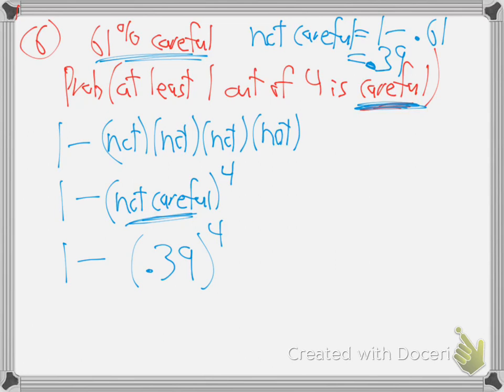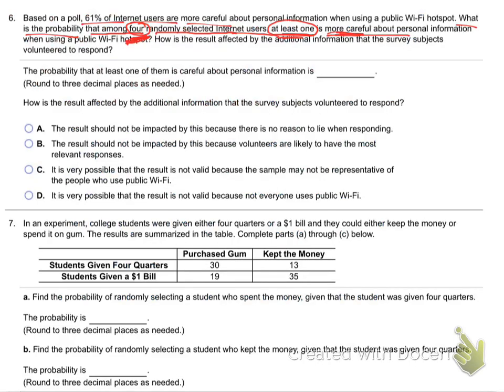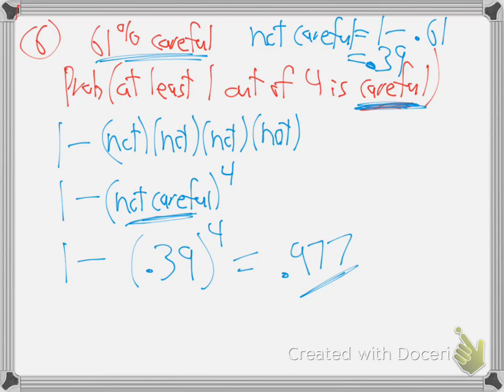So 0.39 to the 4th power. There we go. So whatever that comes out to be, right? To the 4th power, is it 0.97? I don't know how many decimals they want. They say 3 places. So 0.977. It was 0.9768, so I rounded it to 0.977. We good there? Now they have a follow-up.